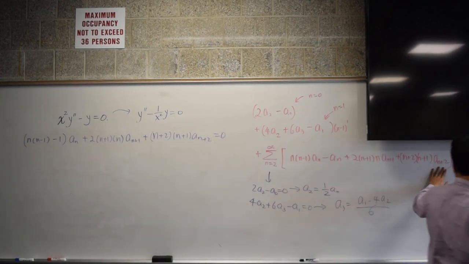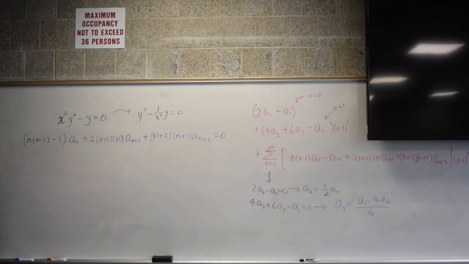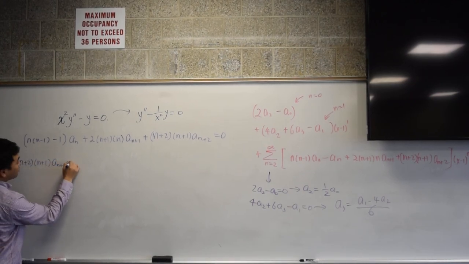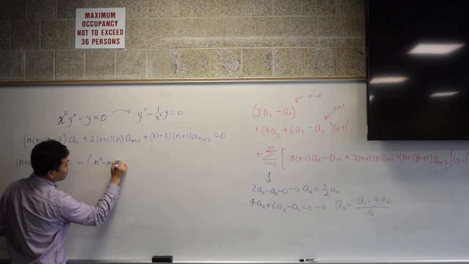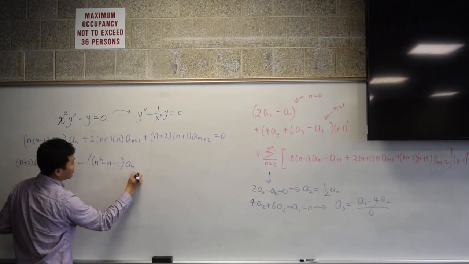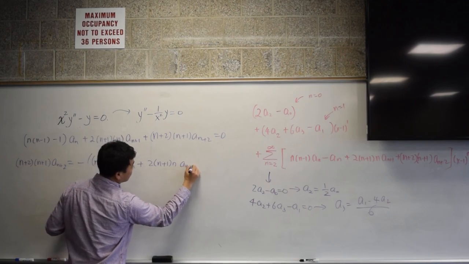That's what has to be put to 0. And from here, this gives us the recurrence relation. So we solve for an plus 2, and that gives us the recurrence relation. So how does that go? That's n plus 2, n plus 1, an plus 2 gives you minus of this entire thing. By the way, this is n squared minus n minus 1, right? N squared minus n minus 1, an plus 2, n plus 1 n, an plus 1.